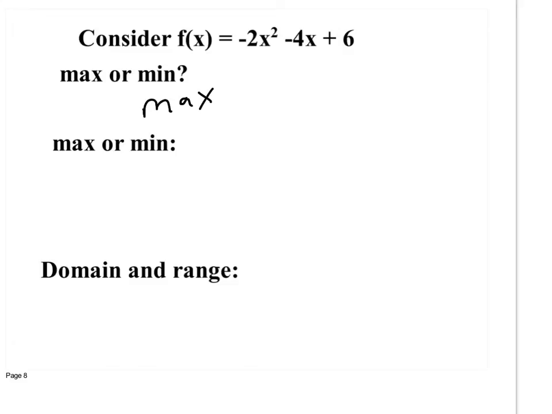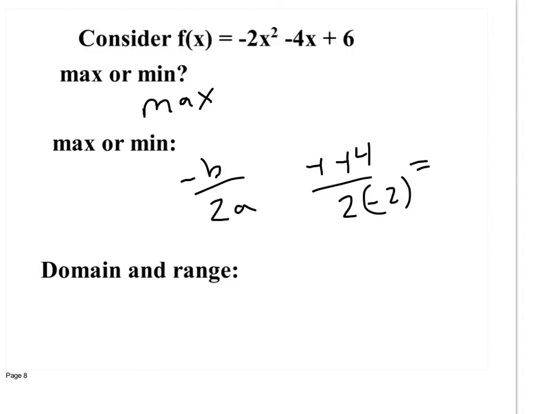Then you're supposed to figure out what the maximum or minimum value is. So what is our max here? We use our axis of symmetry formula, which is -b over 2a, which gives me -4 over 2 times -2, which would be -1 for x.